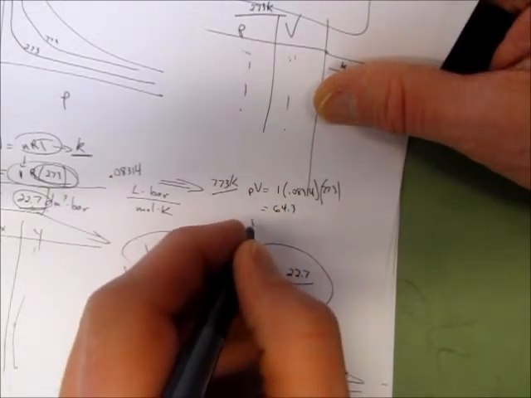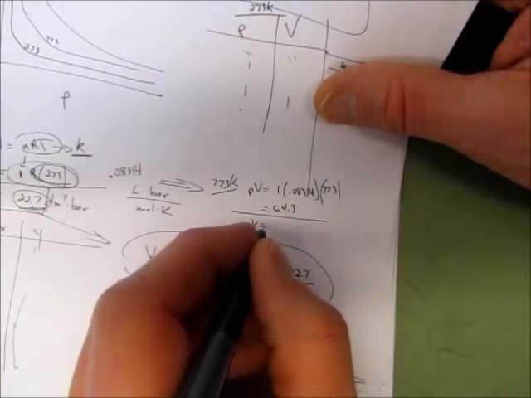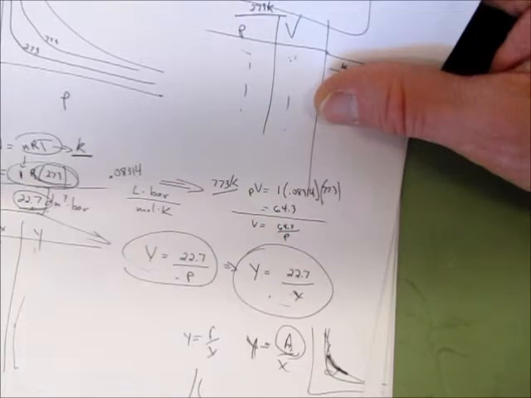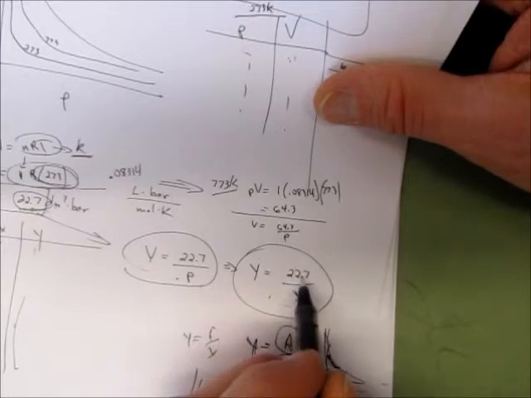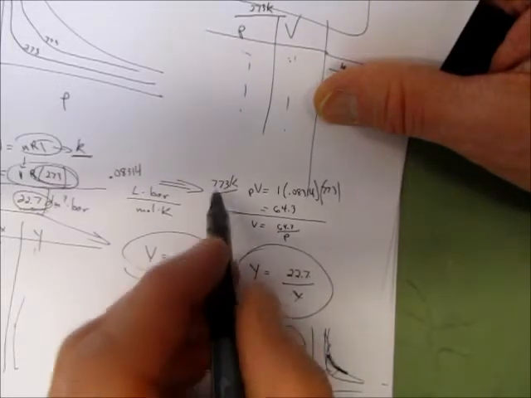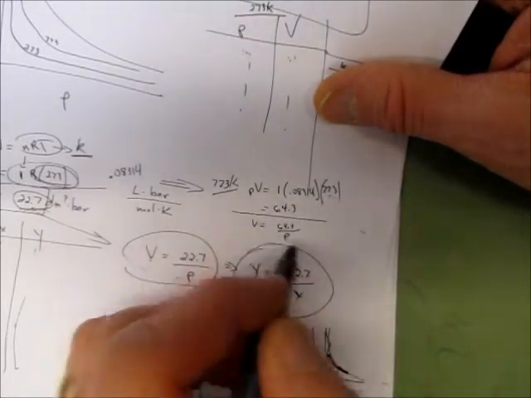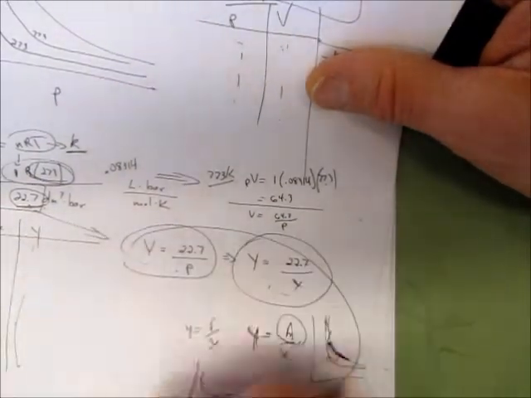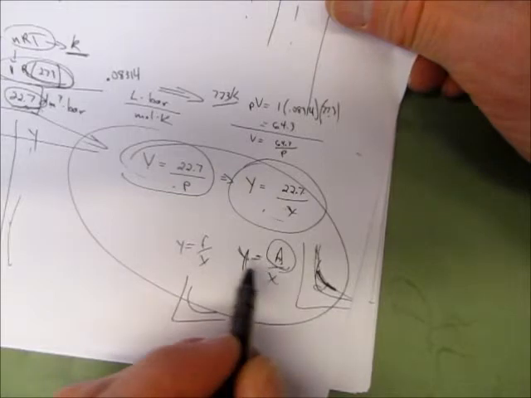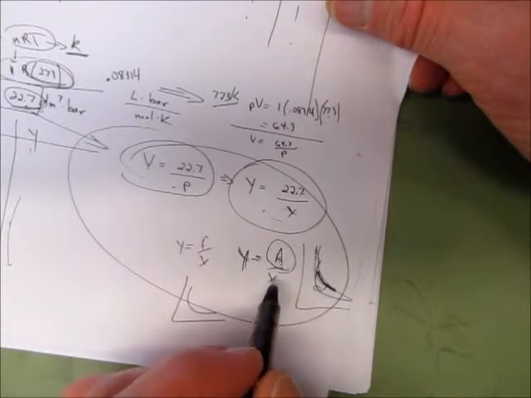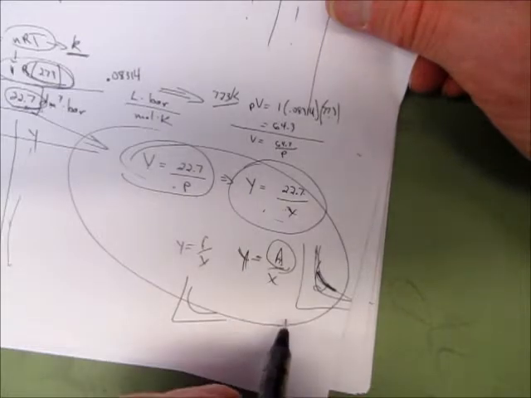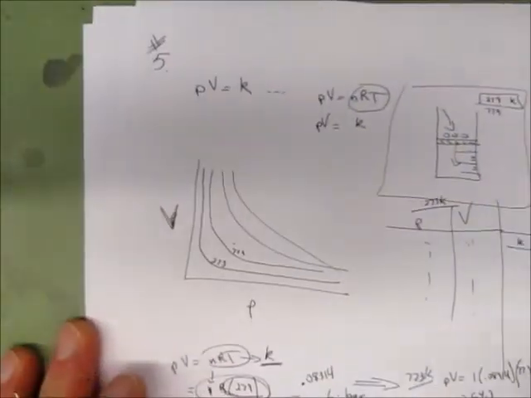So now what you're going to graph is V equals 64.3 over P. Instead of using 22.7 up top, now it becomes that. And when you go to the next temperature, you do the same thing. So all you're really doing is graphing different graphs of y equals some constant over x. You're graphing 4 of them and stacking them, and it'll kind of do this, right?